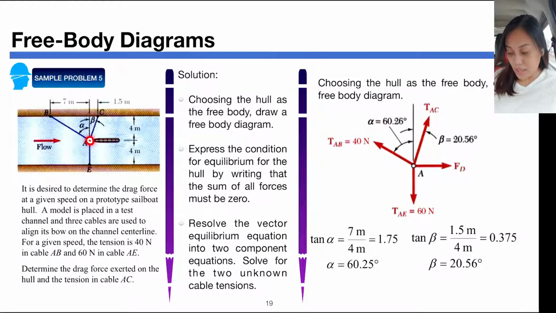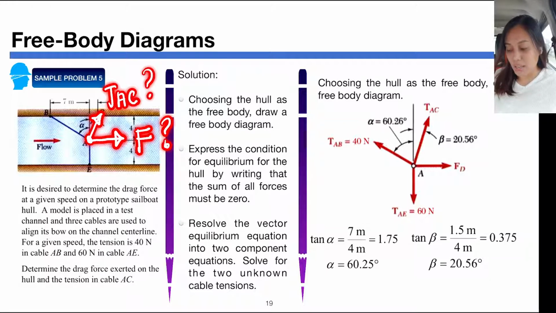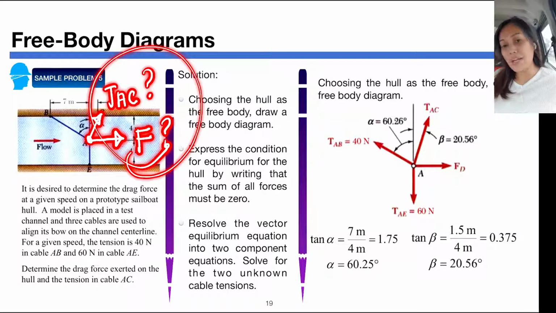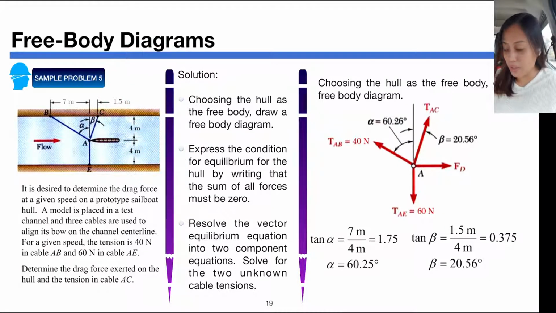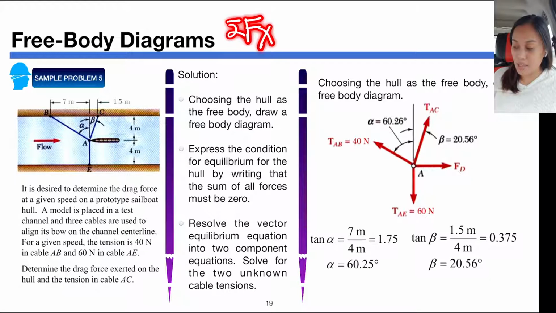So, naa tay diri unknown nga force, which is the drag force, say F. Pila daw na siya. And then, tensile force nga gi-exert sa cable AC, TAC. So, naa tay duha ka unknowns. Naa pod tay magamit nga duha ka equation. Diba naa tay equations of equilibrium? So, sa atong previous discussion, summation of forces along X equal to 0.